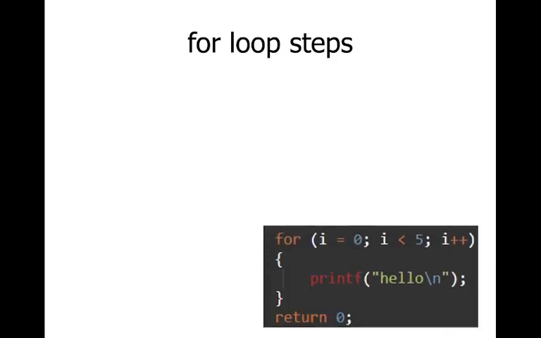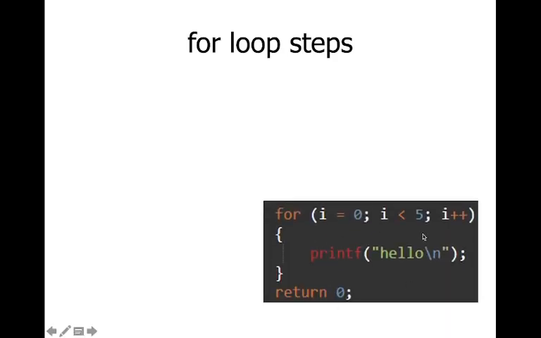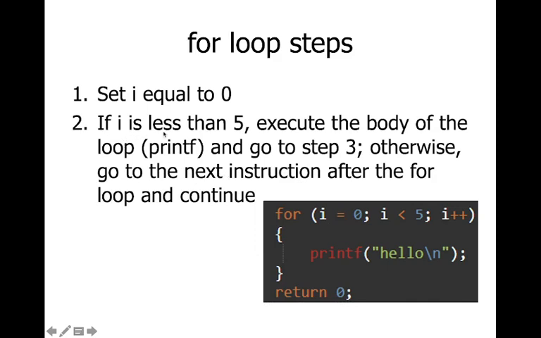So we will see the steps. This is the same for loop we are taking. The first step will be set i equal to 0. So that is what happens here. After that, if i is less than 5 is checked, then execute the body of the loop. That is printf, this statement will be executed, and go to step 3.